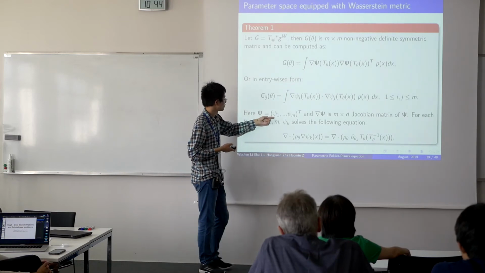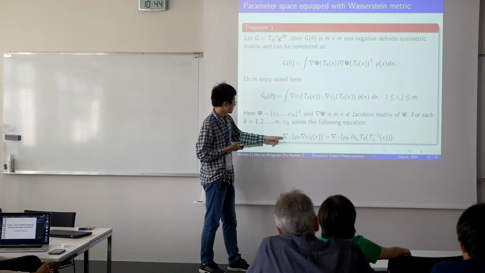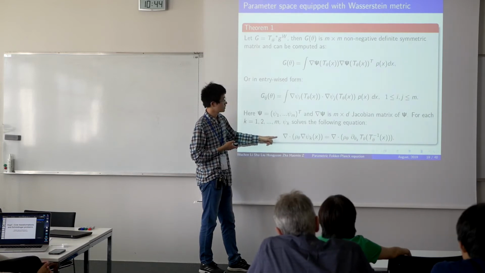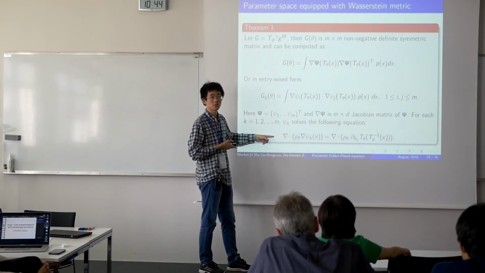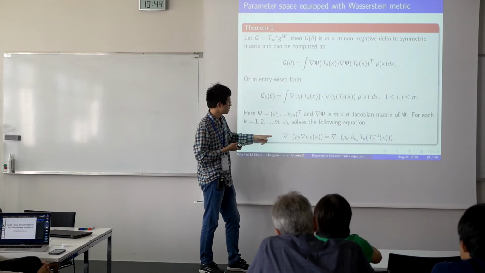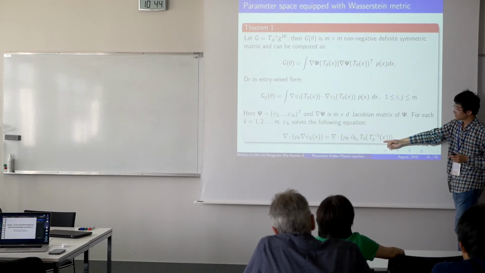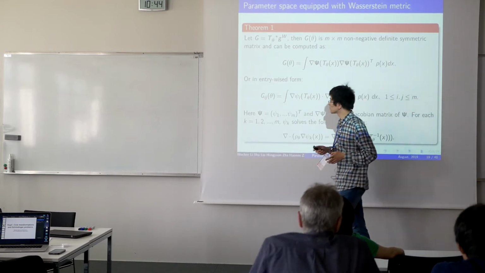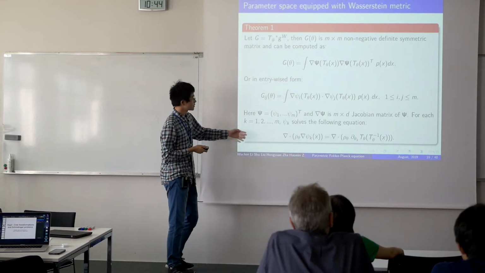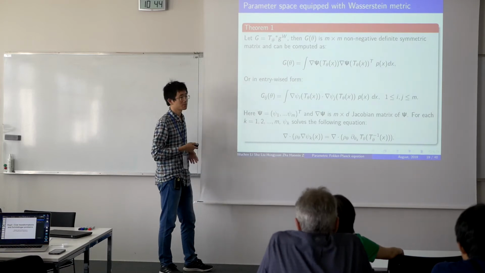This psi is composed of m small functions, and each psi k satisfies this elliptic equation. This equation is actually very important in Wasserstein geometry. Sometimes it's called the Hodge projection or Hodge decomposition. So you are actually projecting this vector field, partial theta T theta, onto the gradient field. So it's a kind of projection. And later, if I still have time, I will come back to this equation when I say something about our algorithm.